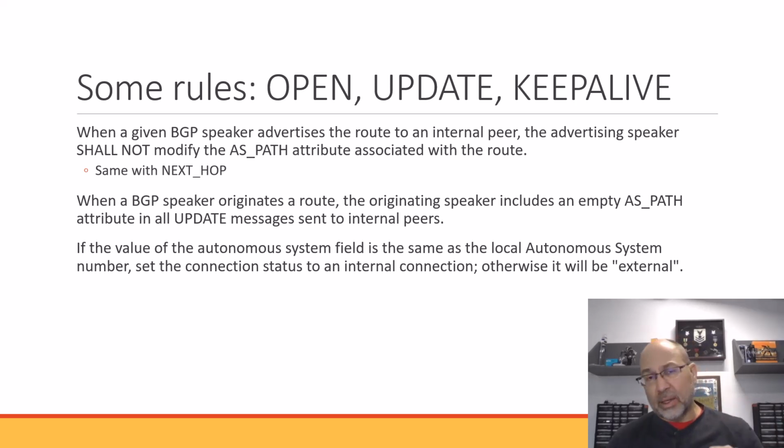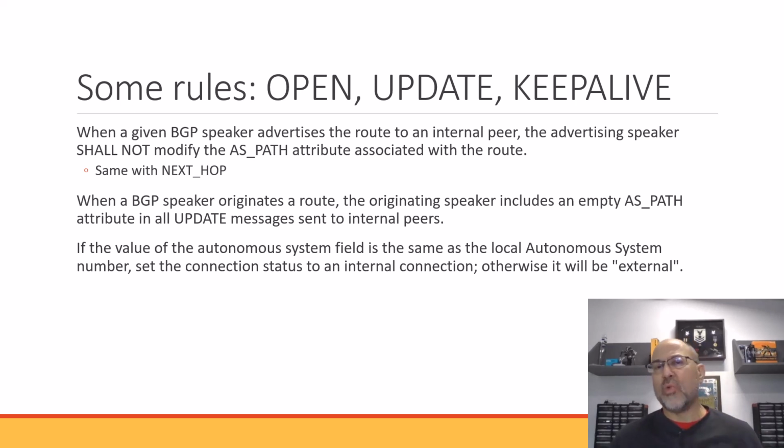Now, when the internal speaker is the originator of the route, then we empty the AS path, because it doesn't make any sense to have an AS path to a route that's internal to your AS. You're just going to be given the forwarding.